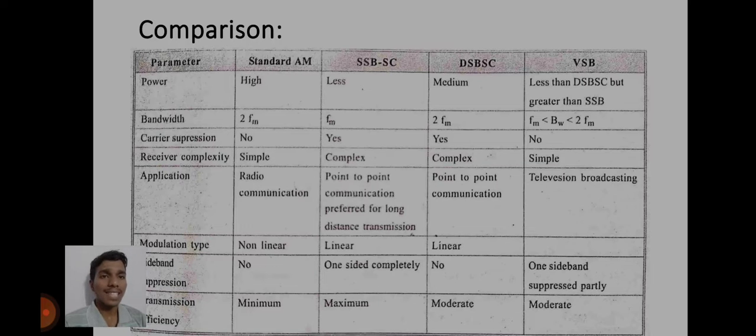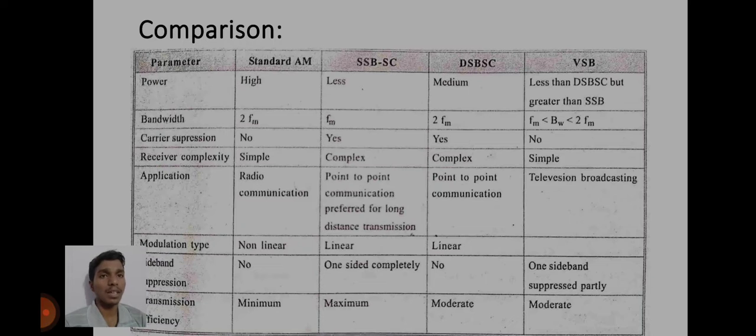In standard AM there is no carrier suppression, and in SSBSC yes, the carrier is suppressed along with a sideband. In DSBSC yes, only the carrier is suppressed. In VSBSC no carrier is suppressed.